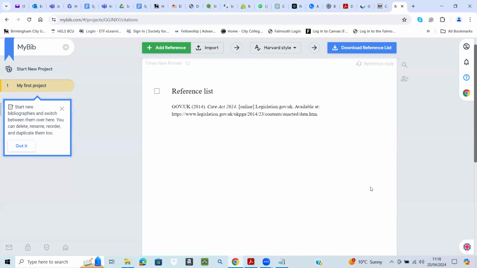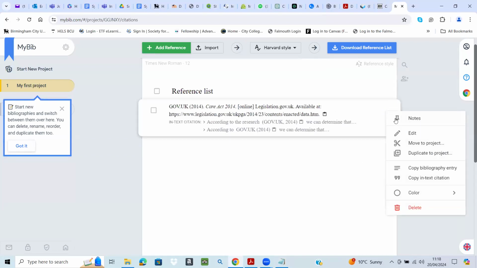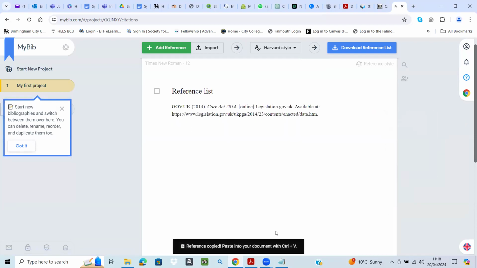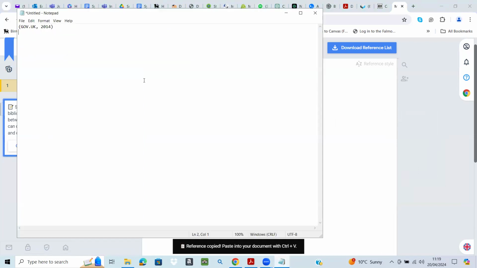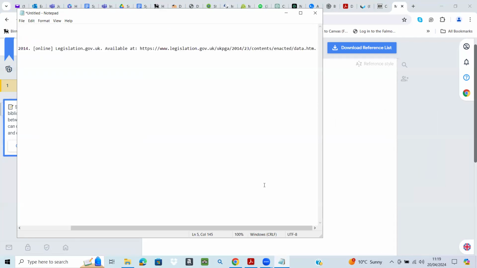Now if I have to copy the bibliography entry or the reference, I have copied it and I'll go again to my work. For references in Harvard style, we should have a page for references, and then we'll paste it here.